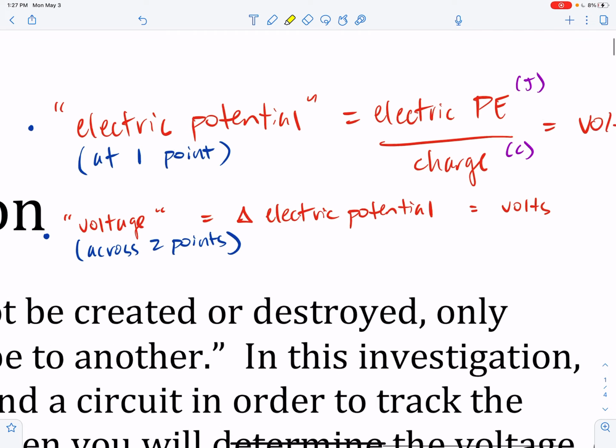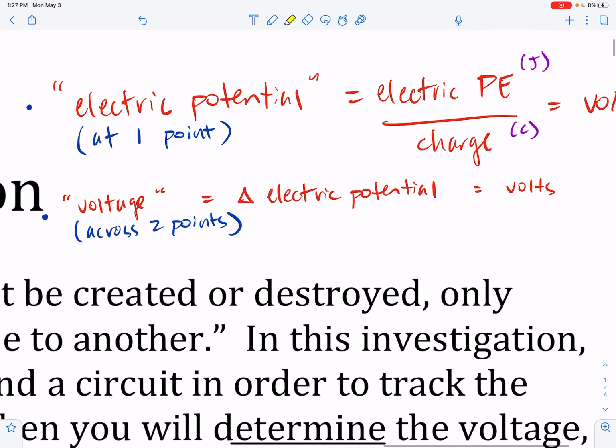Electric potential difference is similar, but here's how it's different. Electric potential difference we call voltage, and it is comparing 2 points. So you can only have an electric potential difference or a voltage across 2 points because it is measuring the change in electric potential.